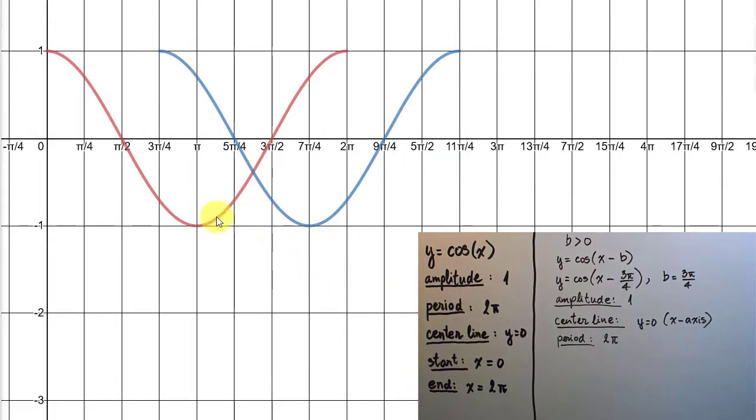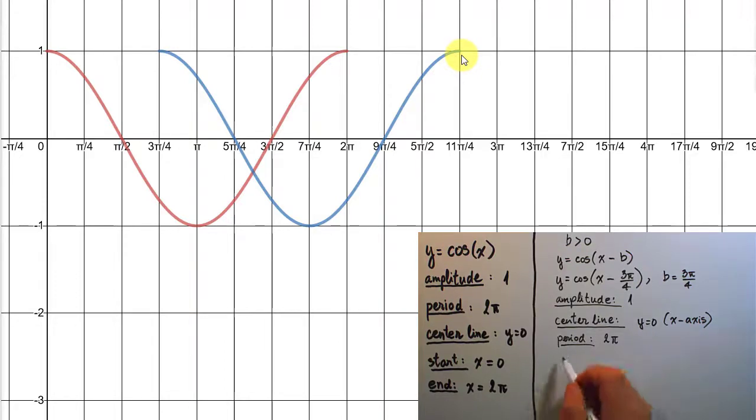Now in a closer zoom, with the grids displayed on my Desmos graphing board, the blue graph appears to start at 3 pi over 4 and end at 11 pi over 4. Those two points, the starting point and the ending point, make up the complete base unit of cosine of x minus 3 pi over 4.